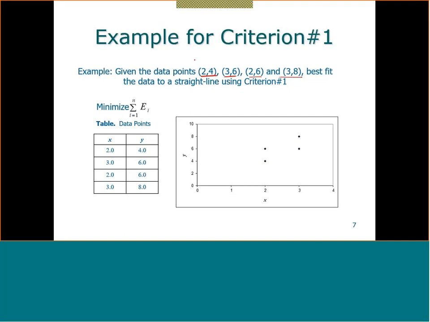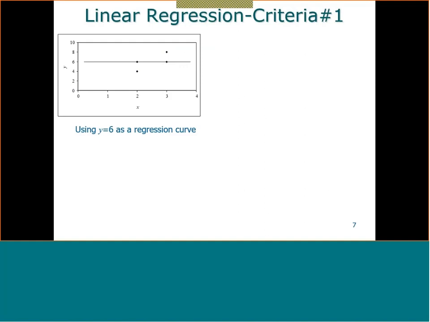There should not be multiple solutions with this criteria. So let's move on. The first line I came up with is a line that goes through 2 points and misses the other 2 points. The error between the line and this point is 0 because it's going through the point, but I have an error here and an error there.